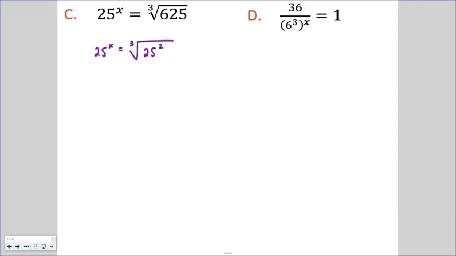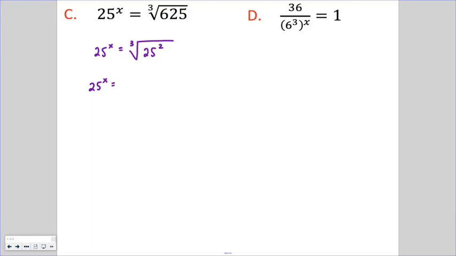So I don't need to go a step further and get those 25s into 5 squareds, because I can get the same base on both sides. Now to deal with that cube root, anytime we're taking roots, we can express roots as fractional exponents. That's a rule. So the square root is to the power of 1/2. The cube root would be raising something to the power of 1/3.